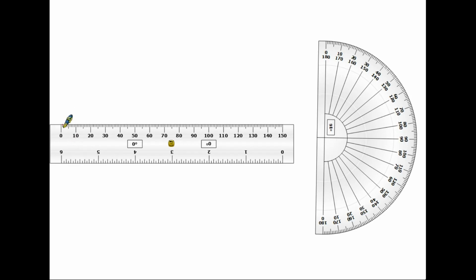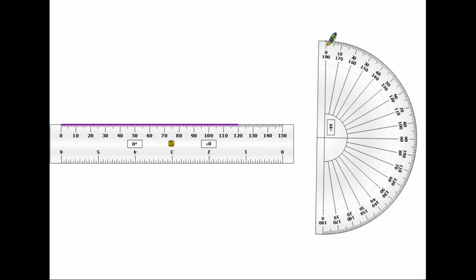So what's an angle? Well, you may be familiar with measuring distance, and for that we tend to use a ruler or tape measure or something similar, and we start at 0 and we measure along a line or a distance to find out how big it is. Now, an angle measures how much something has turned around from pointing in one direction to turning and pointing in another.